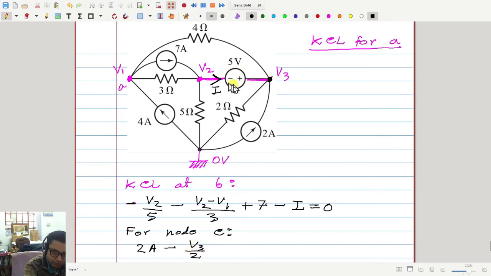Then through this 5 volt source we have plus I coming in, and then through this 4 ohm resistance we have V1 minus V3 by 4 coming in, equal to 0.